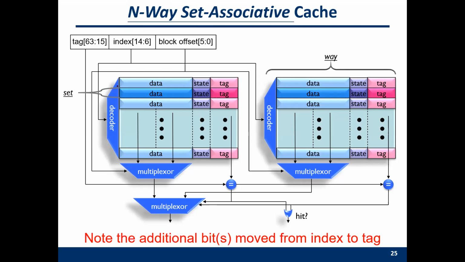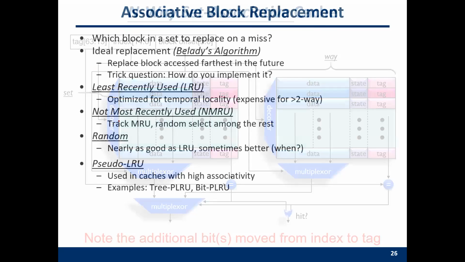When we choose one set, the data can go to any way of the cache. So if we want to do the lookup, we need to simultaneously look up these 2 entries, because the data can be stored in either way.